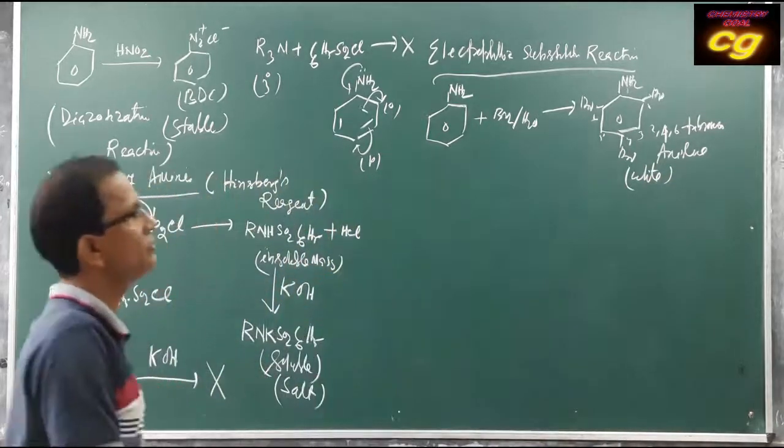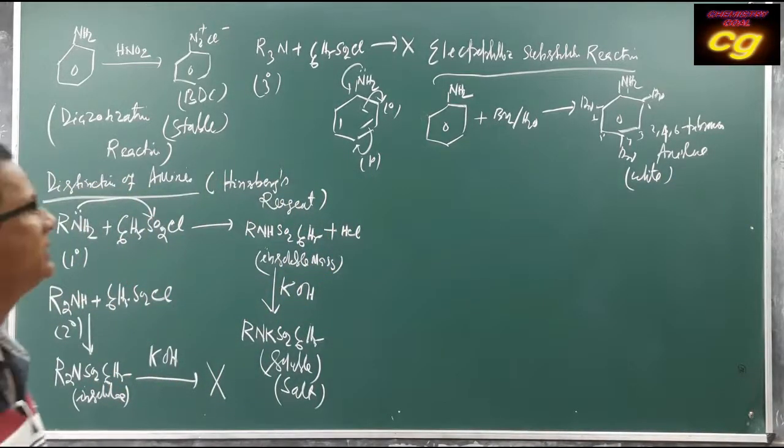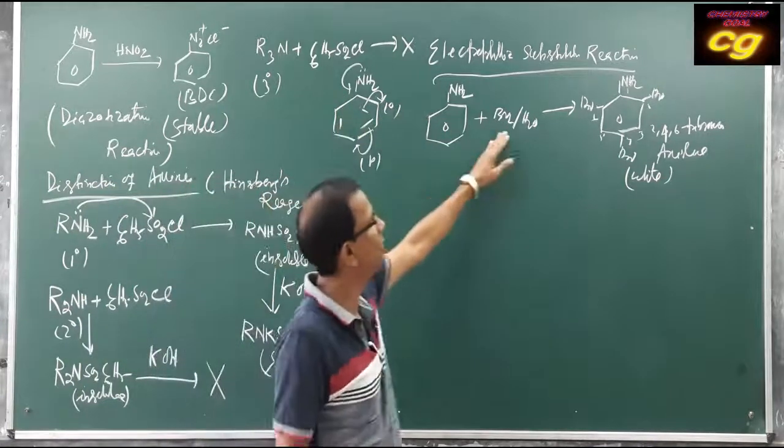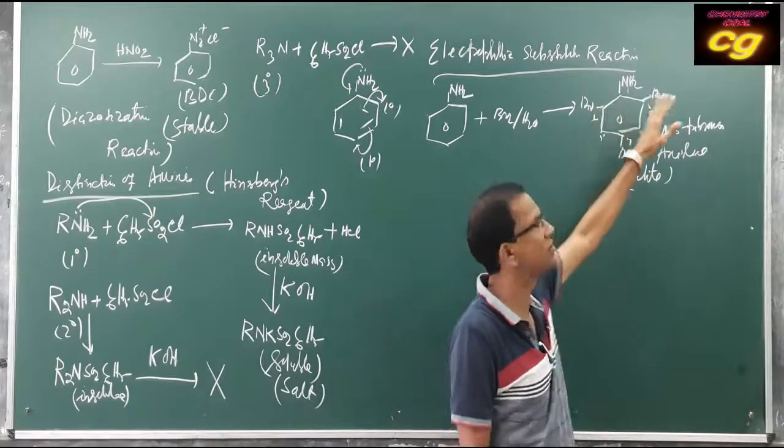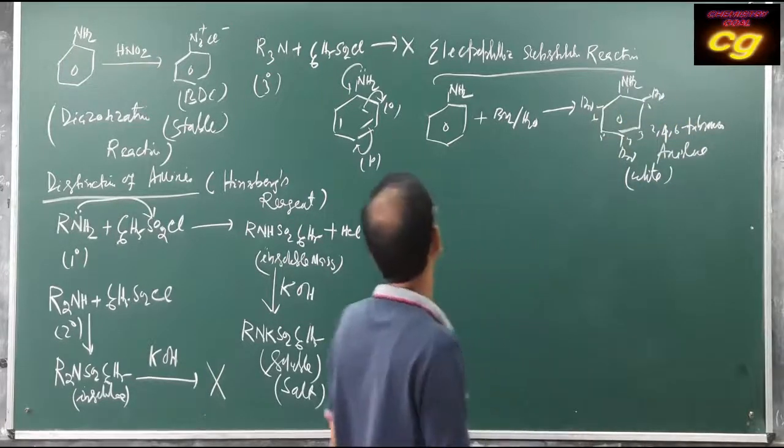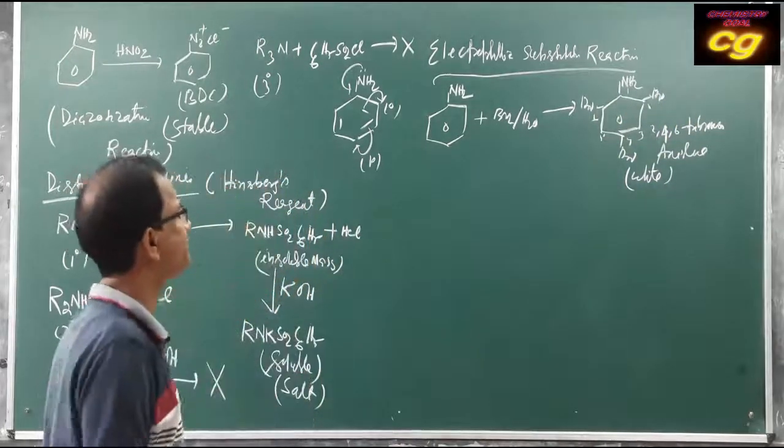That is also one important test of aniline. Aniline, when treated with bromine water, produces a white mass of 2,4,6-tribromoaniline, the ortho para derivative.